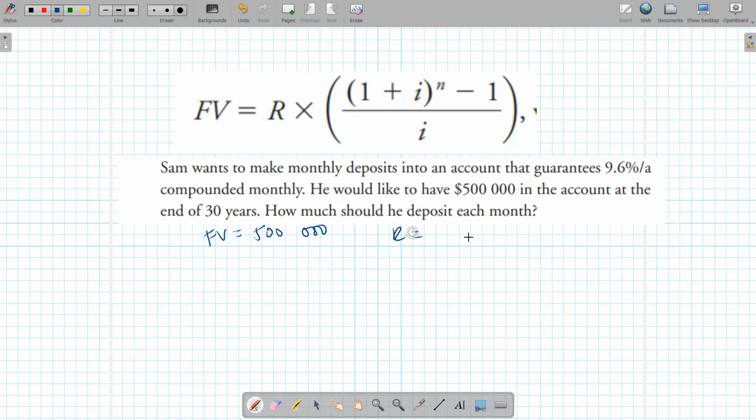What is I and what is N? I is 0.096 divided by 12, and N is 30 times 12, that's 360. What is 0.096 divided by 12?